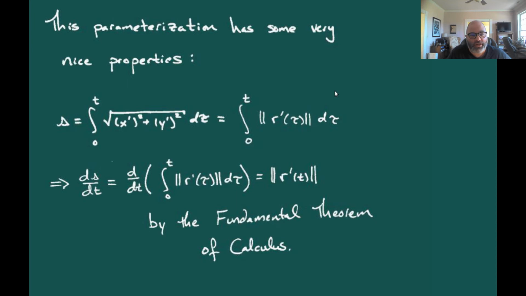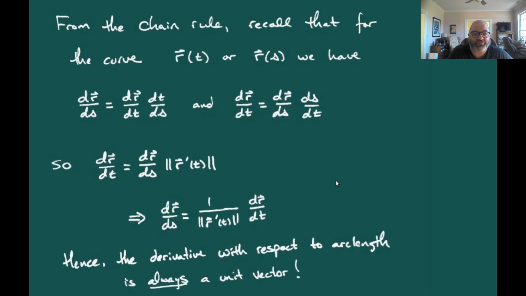Now, this parameterization really has some nice properties to it, so let's start looking at those properties. If we go back to our function and we talk about taking the derivative ds/dt, then the fundamental theorem of calculus says that this is really just going to be the length of our tangent vector.